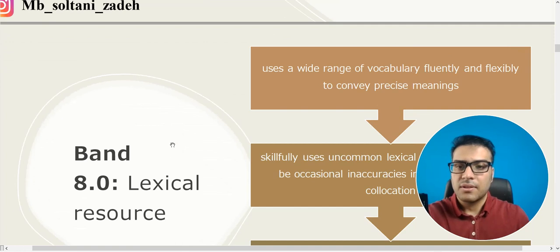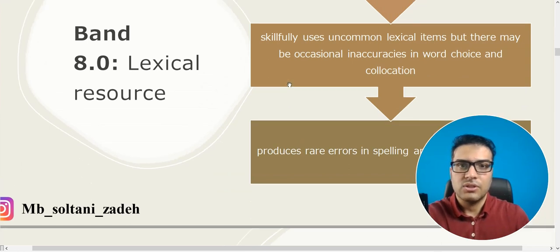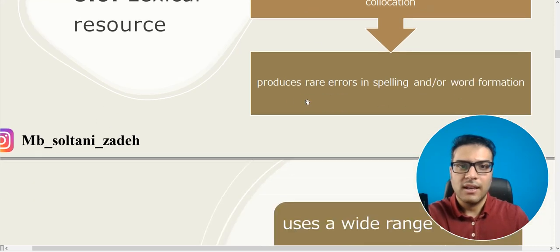And in the third criterion, which is lexical resource, the candidate should use a wide range of vocabulary fluently and flexibly to convey precise meaning. After that, he or she should skillfully use uncommon lexical items, but there may be occasional inaccuracies. It means one or two only in word choice and collocation.